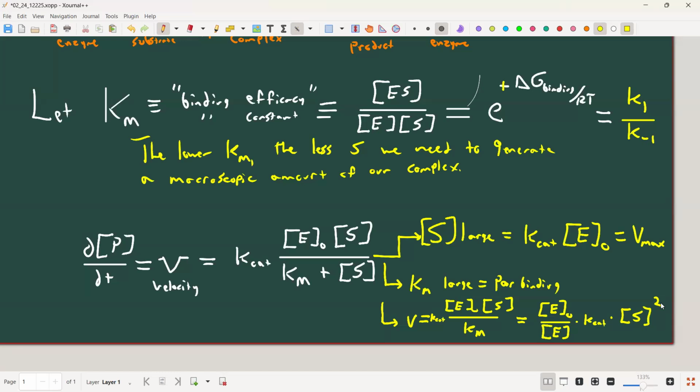If you have a system that is reactant favored, the only way to make more products is to jam in more reactants, pushing the equilibrium towards the reactants, which drives things towards the products. That's what this is saying: you need to increase your S. So the reaction rate is limited by the concentration of your substrate. So we have two limits: the reaction limited by the substrate concentration, and when S is large, the reaction limited by the catalyst, the enzyme.